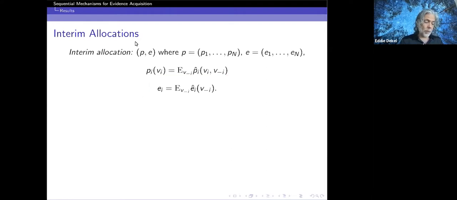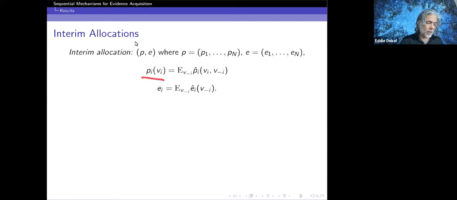Okay, same thing about evidence. Remember that evidence is not a function of your own value, because it can't be, because you don't know it yet when you're getting the evidence. So we just take the expectation over everybody else using our ex post evidence and call that the interim evidence probability. This is what I'm going to call an interim allocation. A pair p, e, which is a vector for each player.